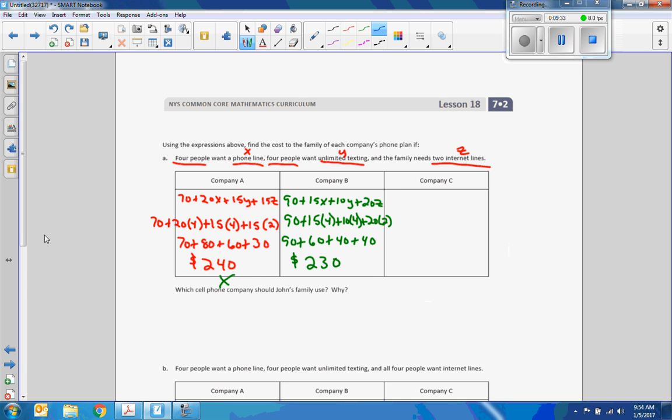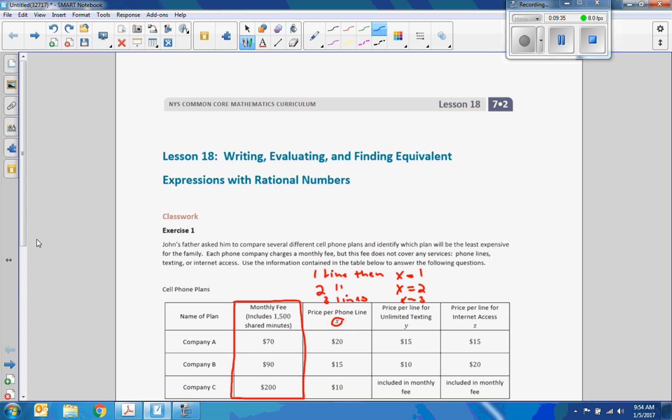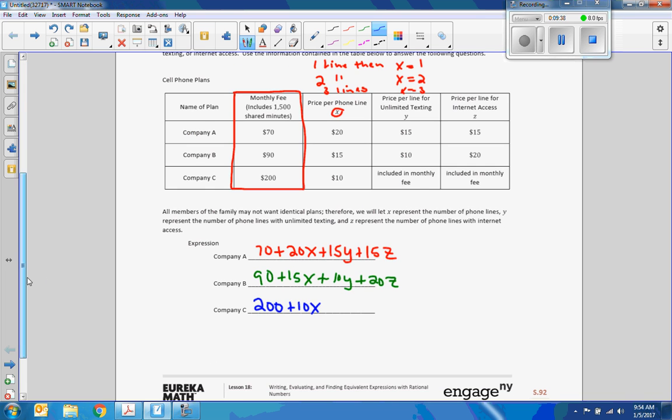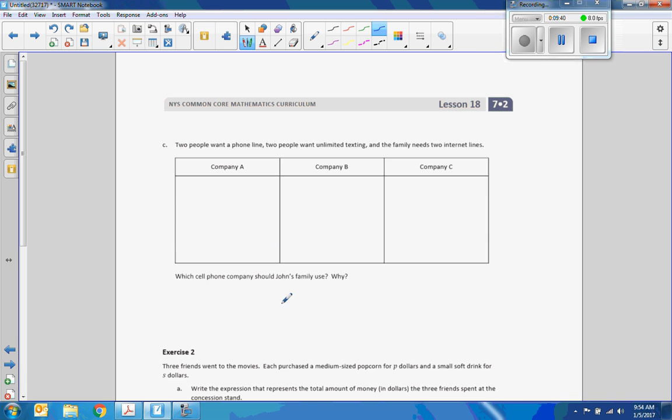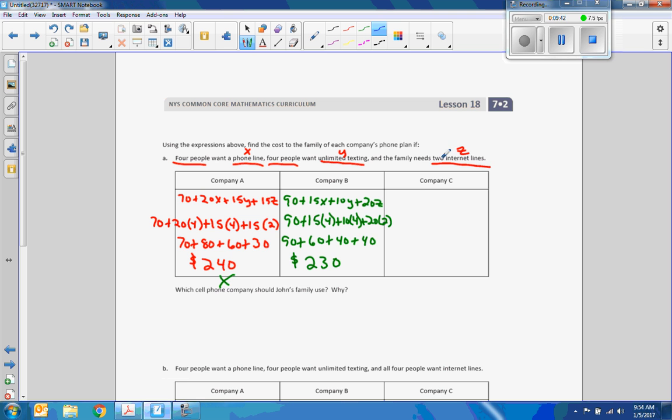So it's $200 plus 10x. 200 never changes. X is number of phone lines, and there's 4. So it's $200 plus 10 times 4 is 40, which is a total of $240. So this one is out.